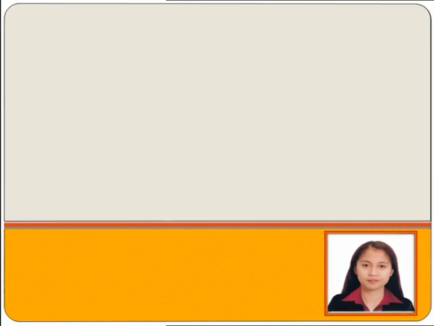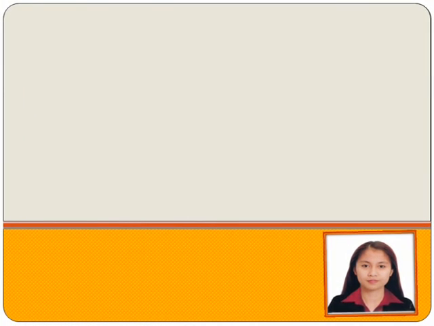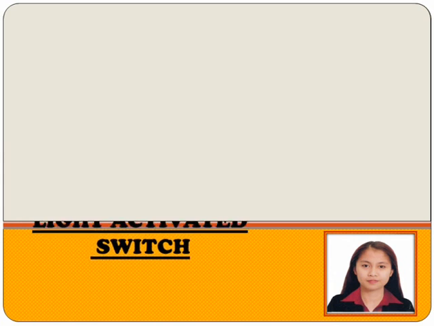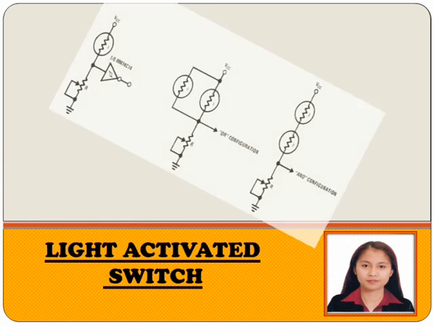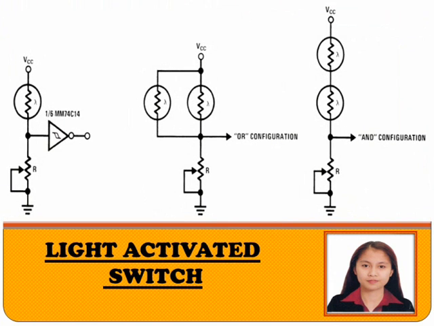Light-activated switch couldn't be simpler. The input voltage rises as light intensity increases. When the threshold is reached, the output will go low and remain low until the intensity is reduced significantly. Schmitt triggers are often used to generate fast transitions when a slow varying function exceeds a predetermined level. In this figure, we see a typical circuit, a light-activated switch.